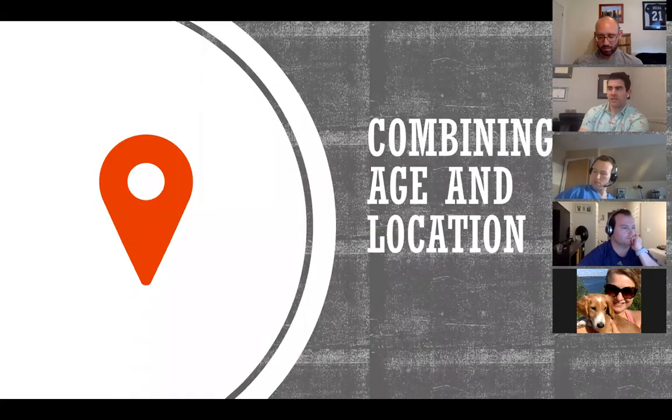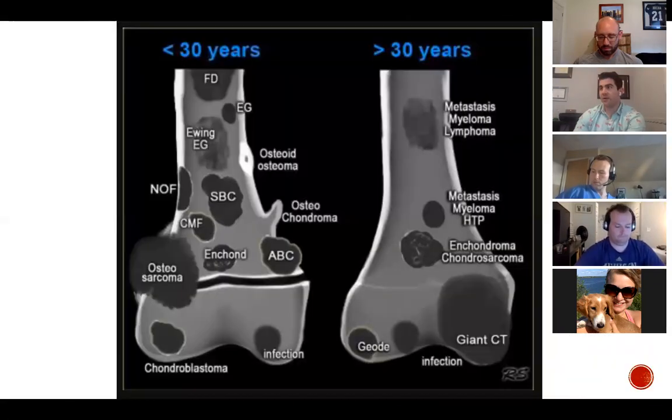So let's combine age and location, because you may have a similar presentation radiographically, but age becomes a big factor. Here's a slide to demonstrate the differences, similar locations, but based on their age. In a young patient, things that stand out are osteosarcoma, osteochondroma, ABCs, NOFs, Ewing sarcoma, chondroblastoma, lesions of youth, right?